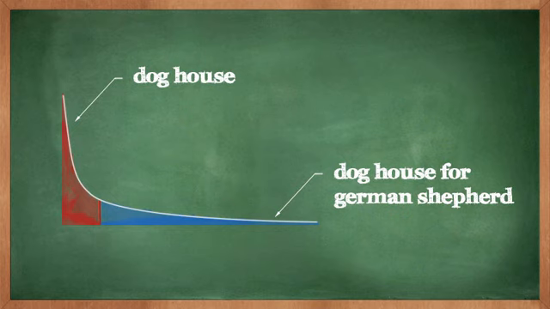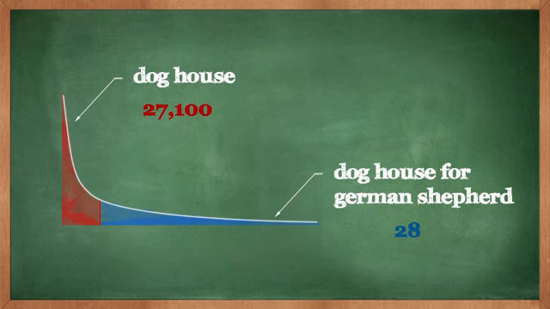So the big epiphany here, and the reason why long tail keywords are discussed so much, is because in theory, when taken in aggregate, the right side of the curve, this blue side, equals the left side of the curve, the red area here. The blue area equals the red area, which is fairly surprising when you consider that the keyword doghouse, for example, was typed into Google 27,000 times last month, and the keyword doghouse for German Shepherd was only typed in 28 times last month.